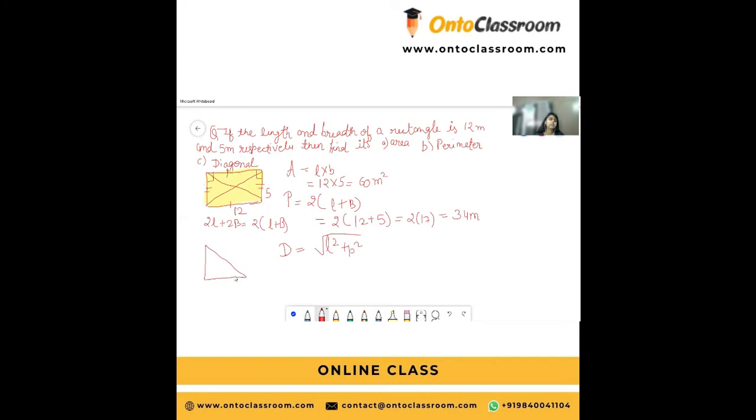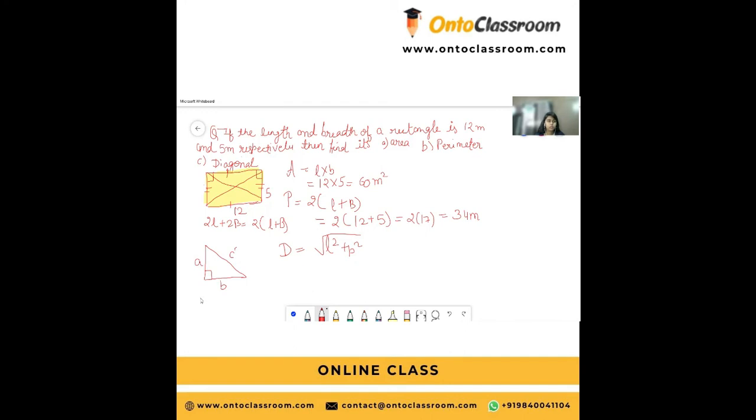The Pythagoras theorem says that if there is a right angle triangle and this is the base, meaning B, and this is the perpendicular, A, then the sum of the squares of the base and the perpendicular is equal to the square of this.